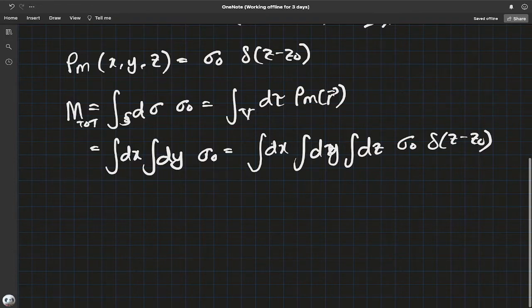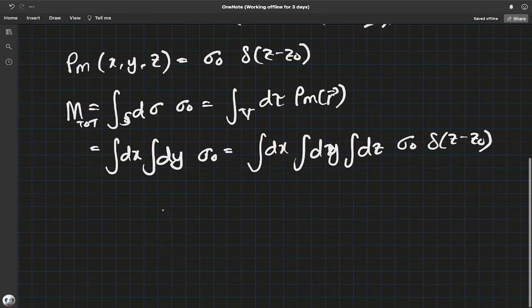Clearly they are, because you integrate z minus z naught over all space, so z naught will be included. This integral goes to 1, so all of the z dependence just goes away. You just have the dx dy sigma naught, which agrees on both sides. So this is precisely the total mass of the system.